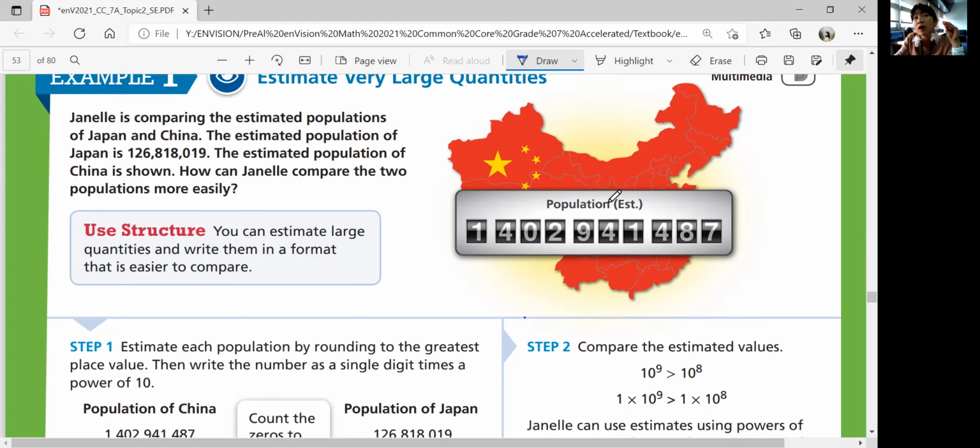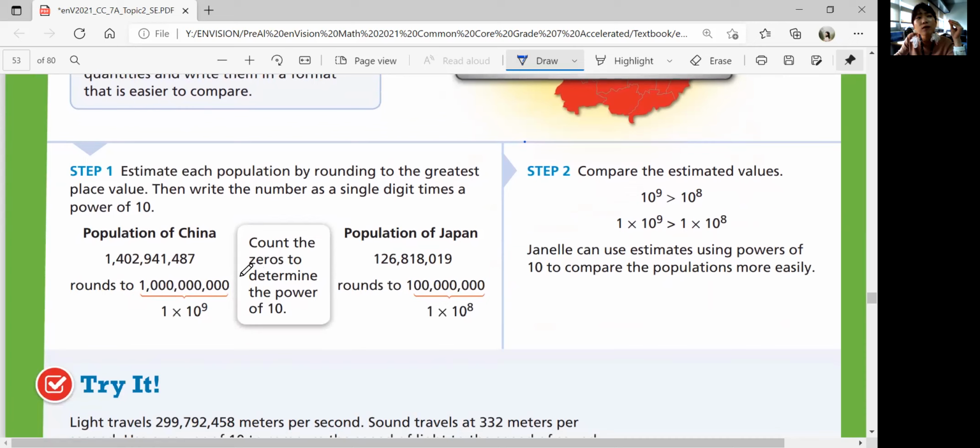You're just going to get rid of all the digits after the biggest place value, right? So then you have 1 billion versus 100 million, and count how many zeros you have. That means you multiply by 10 that many times, right? So 1 billion would be equivalent to 1 times 10 to the 9th power. 100 million would be equivalent to 1 times 10 to the 8th power. Compare them.